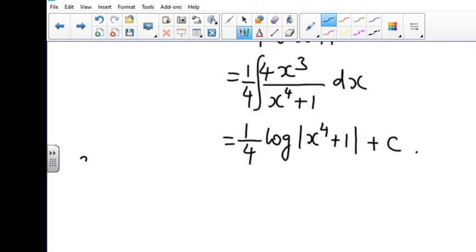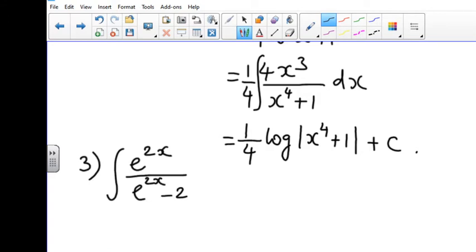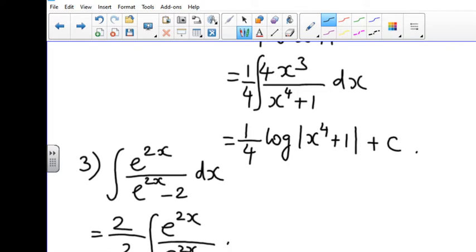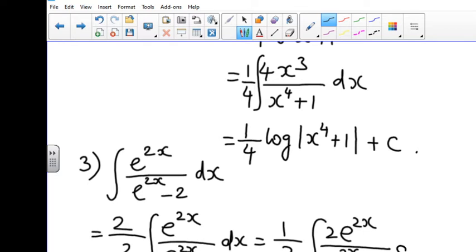Problem number 3. Integral of e power 2x divided by e power 2x minus 2. Again the same thing here also. When you differentiate e power 2x, you will get 2 e power 2x. So let us multiply and divide by 2. We can write this as 1 by 2 integral of 2 e power 2x divided by e power 2x minus 2 dx.